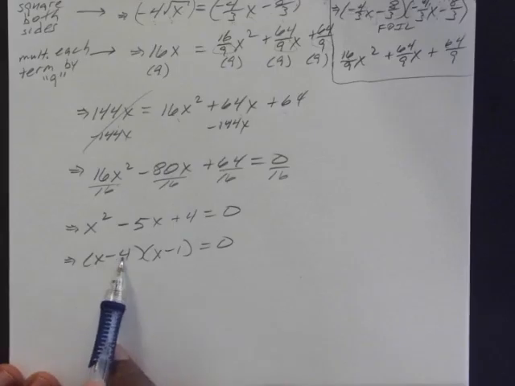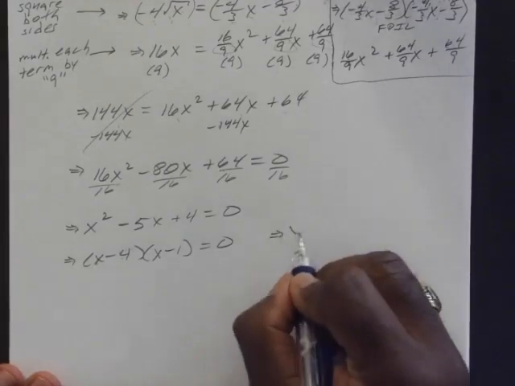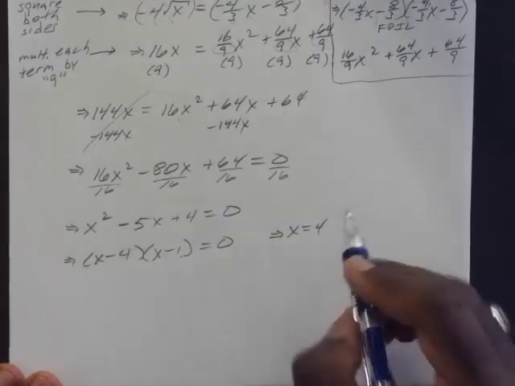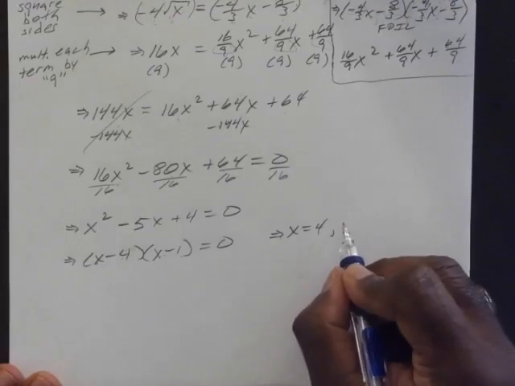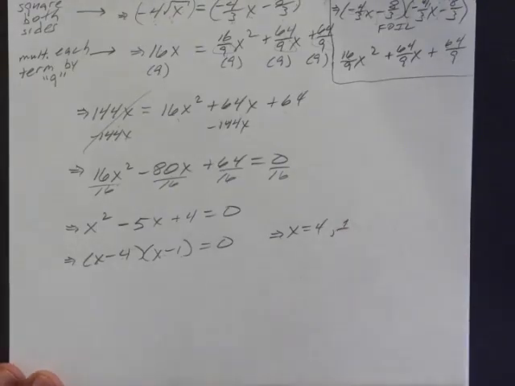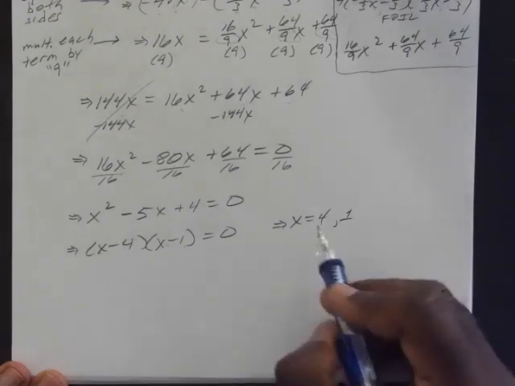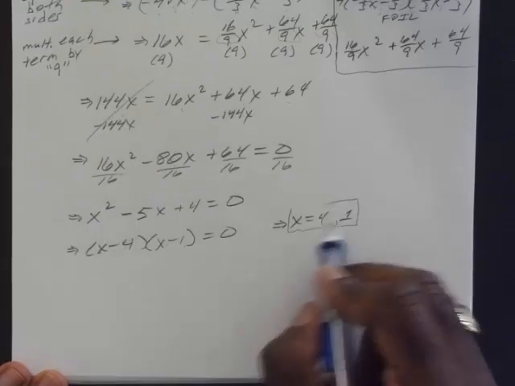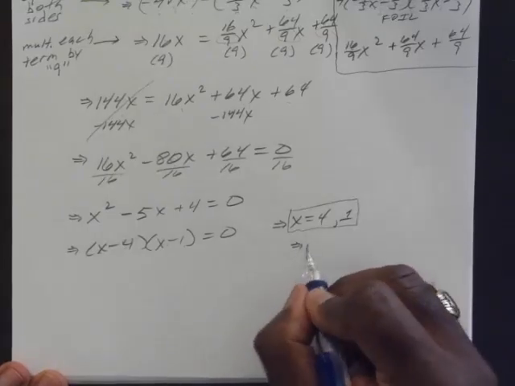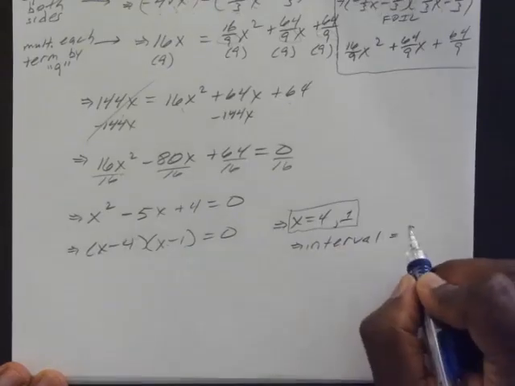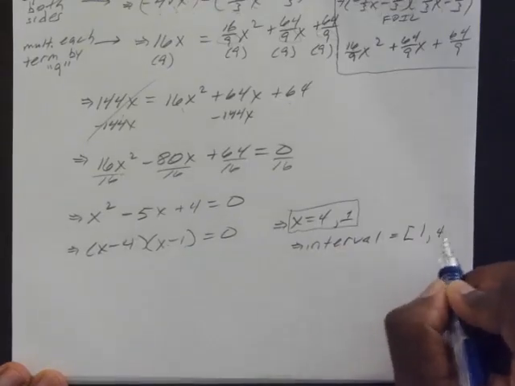Okay, so I mean, x minus 4 can equal 0, so x can equal positive 4. x minus 1 can equal 0, so that means x can equal 1. So we know just from this one that our interval is from 1 to 4.